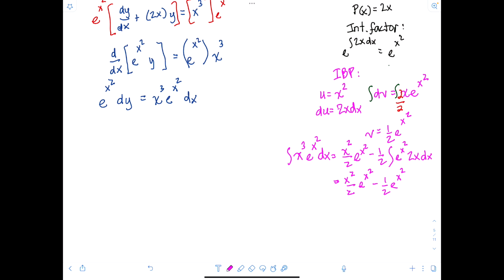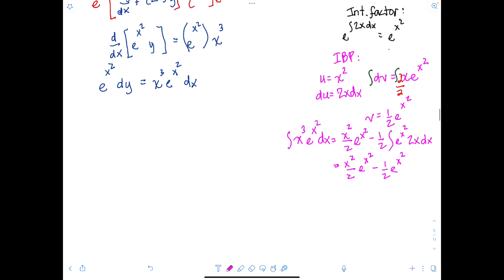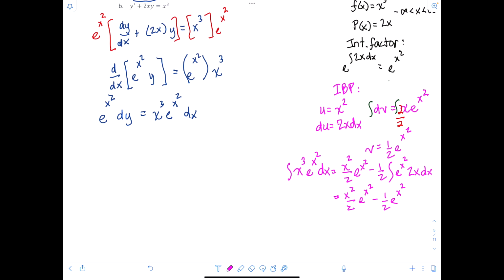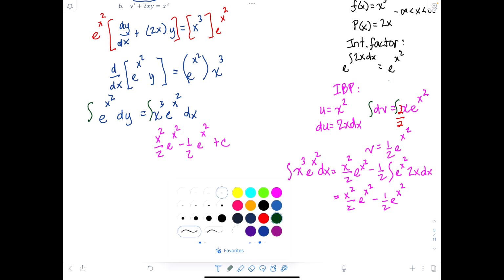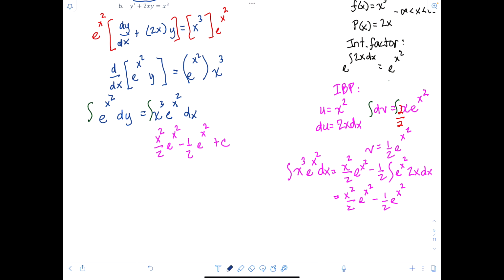All right, so this one I'll write on our right side, plus our constant of integration. That was after integrating. And then when we integrate the left side, we're just going to get e to the x squared times y.